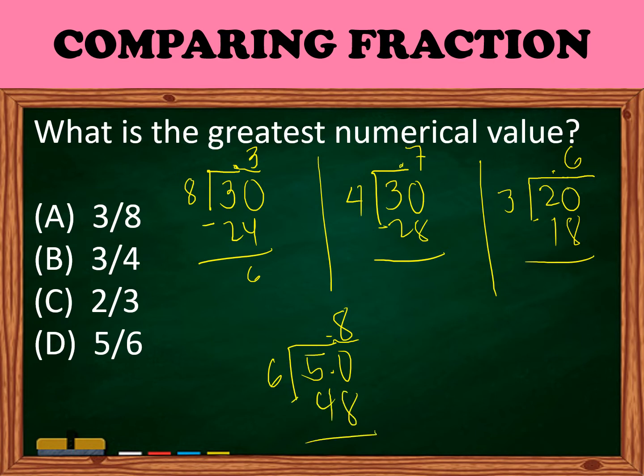So, if you notice, hindi ko inubos. Okay? I-divide or i-perform yung operation hanggang sa makuha yung exact value. I just look for the first decimal place. So, this one is 0.3. This is 0.7, 0.6, and 0.8.